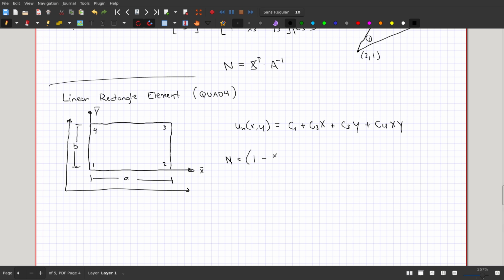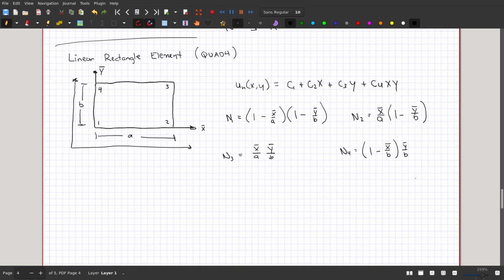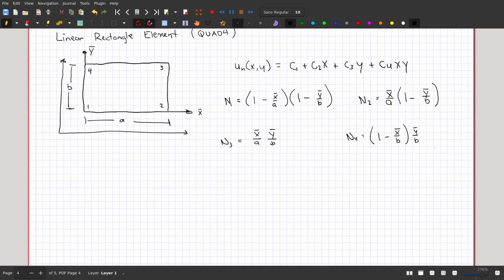So it's 1 minus... So those are the shape functions. You develop them the exact same way.